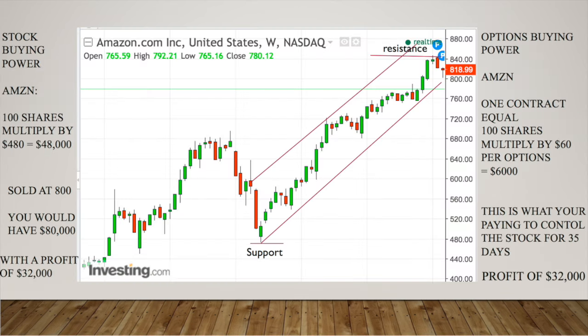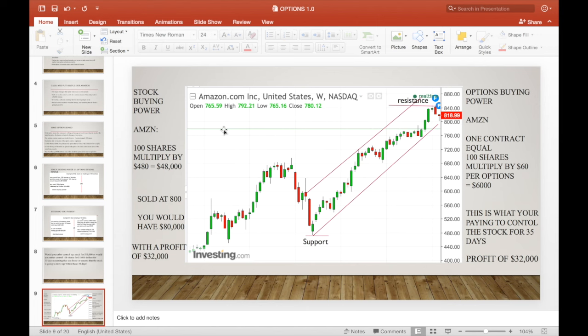Well, in this slide, we're going to show you stock buying power versus option buying power. We're using the stock AMZN, which is Amazon. So if we buy 100 shares of Amazon using stock buying power, we're going to have to pay $48,000, because 100 shares times 480 equals $48,000.